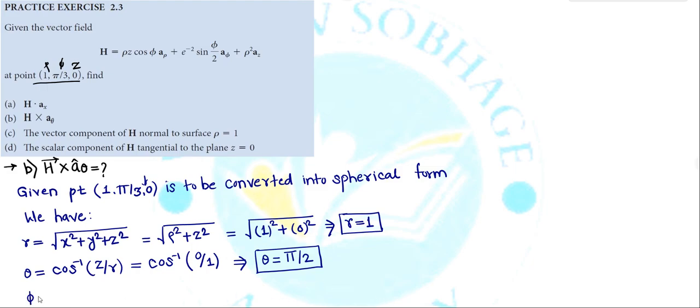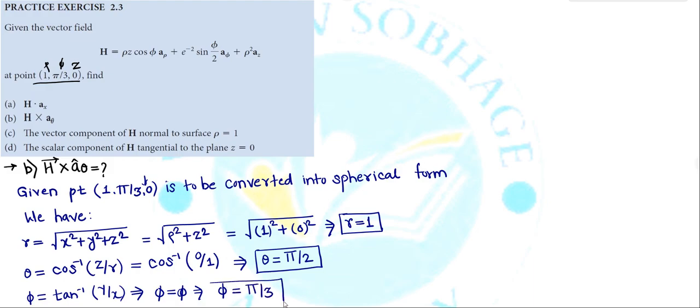Okay, then next is phi. We have that phi is equal to tan inverse of y by x. But for cylindrical and spherical systems, always keep in mind that phi is always constant. For both systems, phi is constant. So that's why phi is equal to pi by 3, as it is.